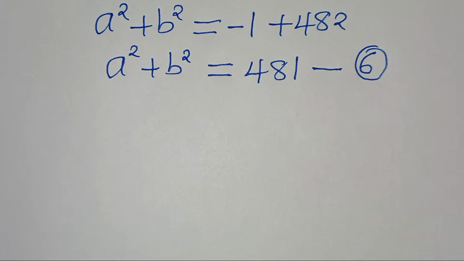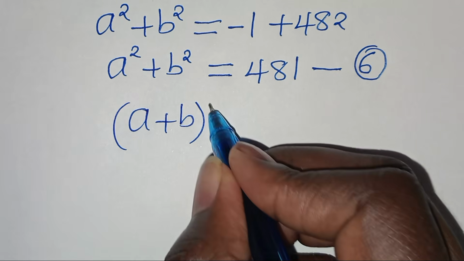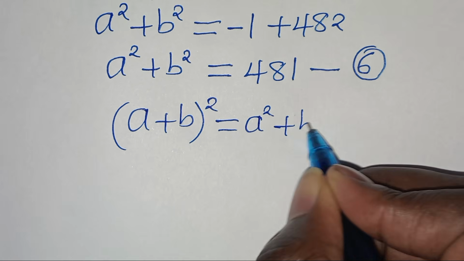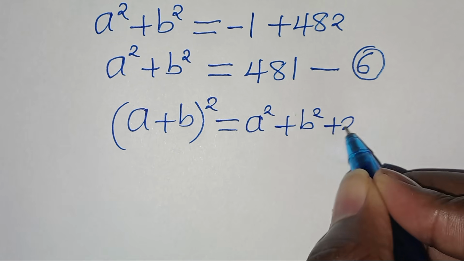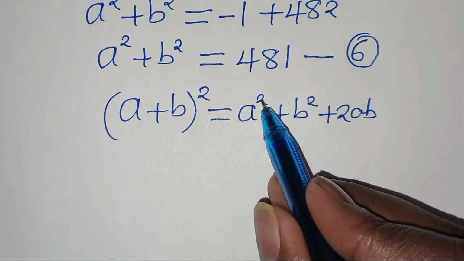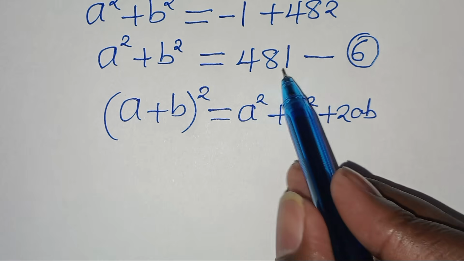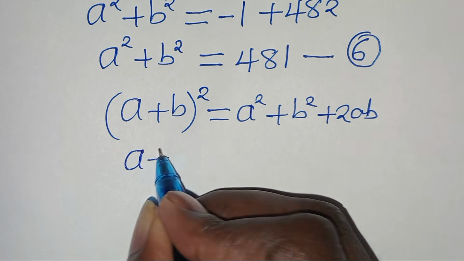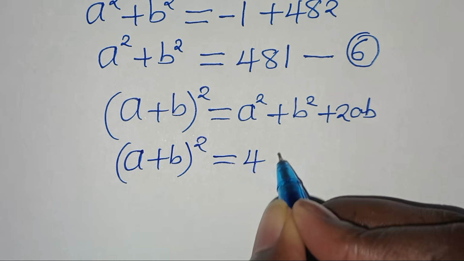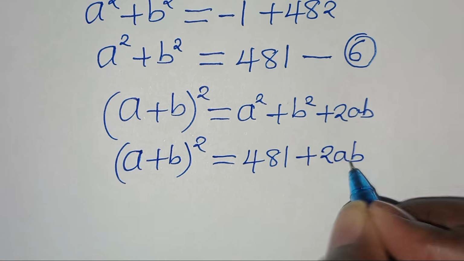Now, a plus b raised to the power of 2 is equal to a to the power of 2 plus b to the power of 2, then plus 2ab. Now, we have that a squared plus b squared is what we have in equation 6, which is 481. So a plus b to the power of 2 is equal to 481, then plus 2ab.